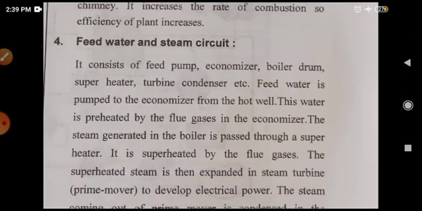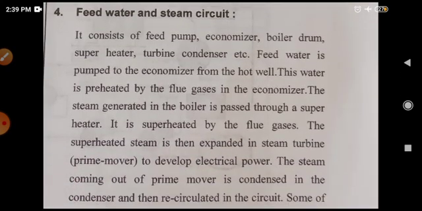Okay, in this feed water and steam circuit, you have seen these different components: economizer, boiler drum, superheater, turbine, condenser. Now feed water is actually pumped from the hot well. What is the hot well? Just as we feed preheated air to the furnace, in the same way we have to feed heated water, not at a very high temperature.